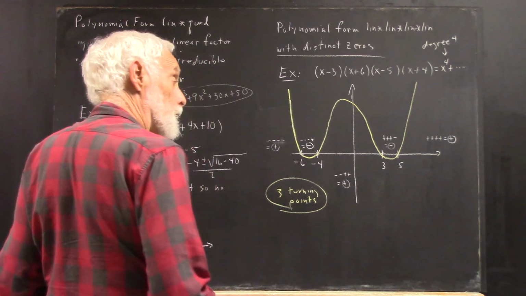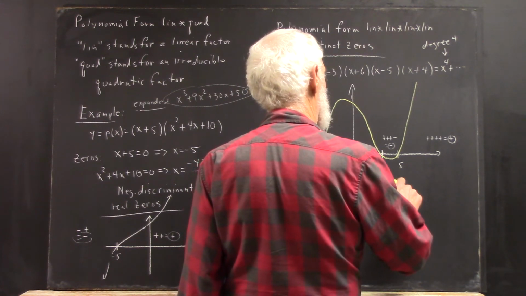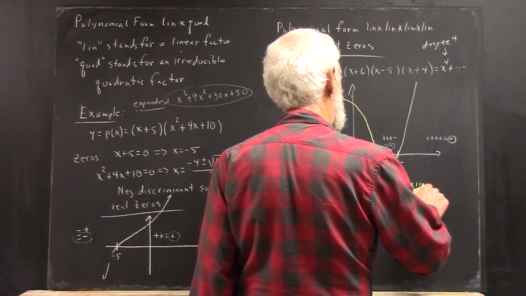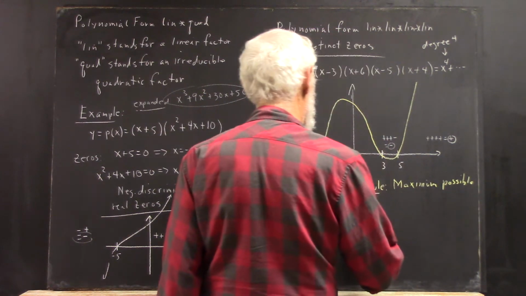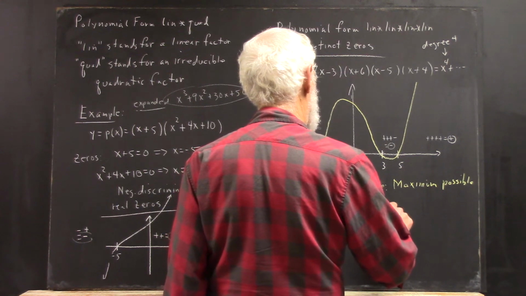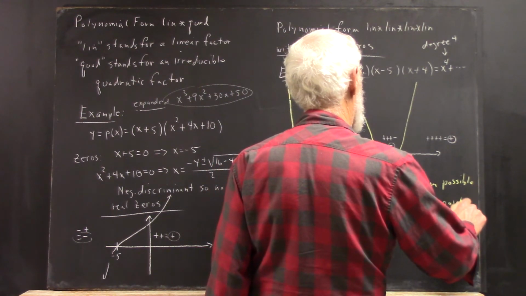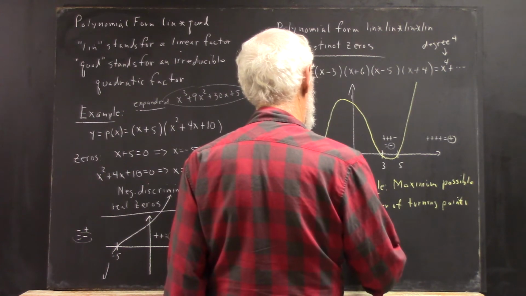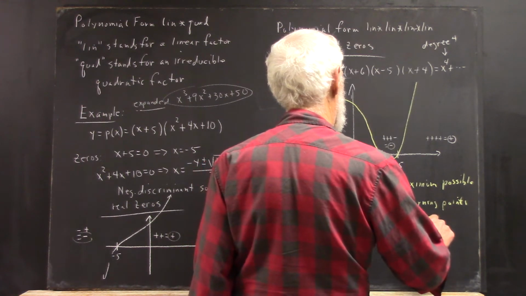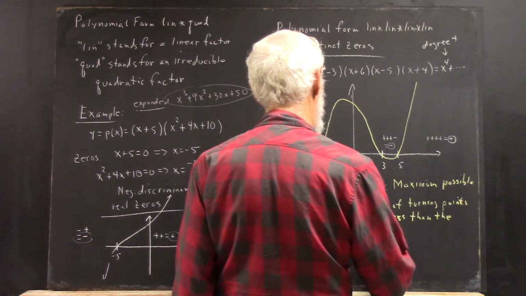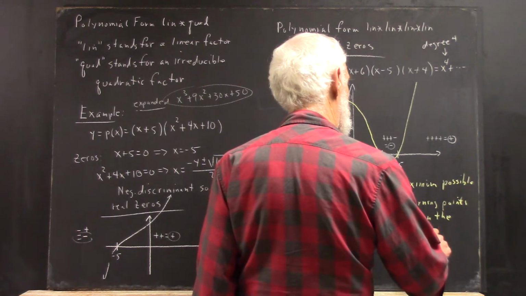Now this at least makes plausible the rule: maximum possible number of zeros, or number of turning points, is one less than the number of the linear factors.